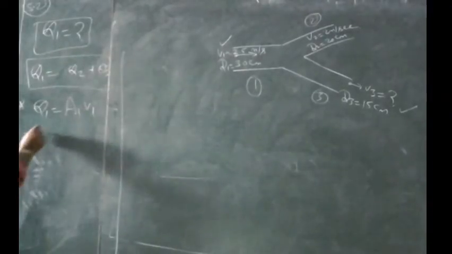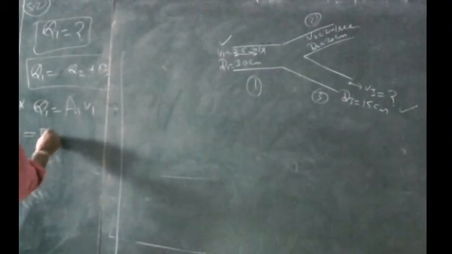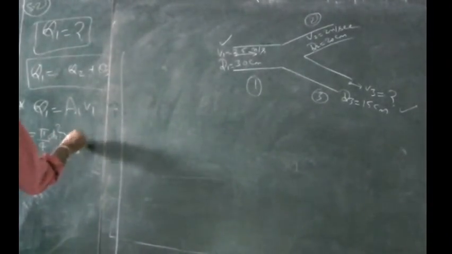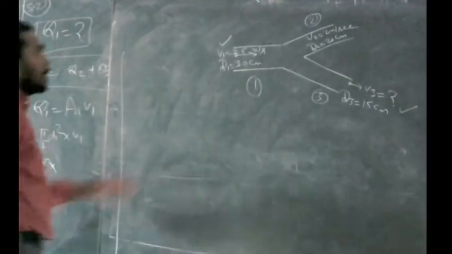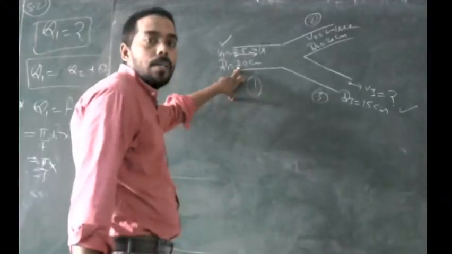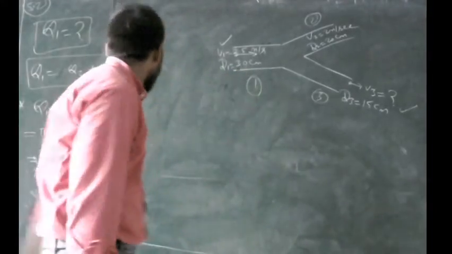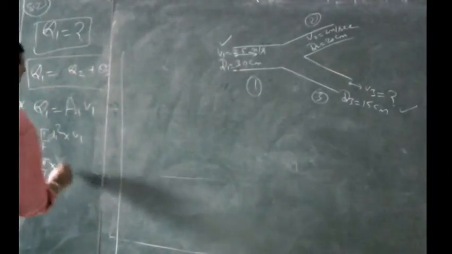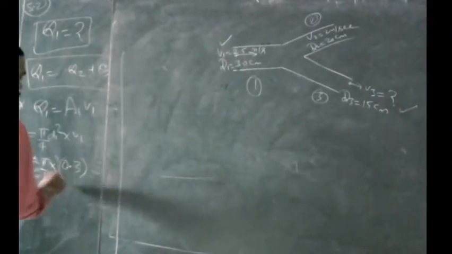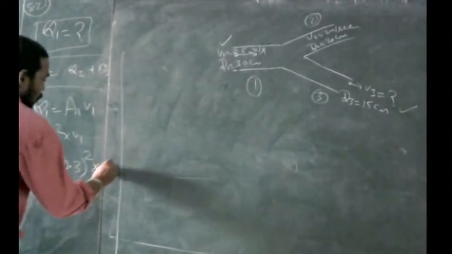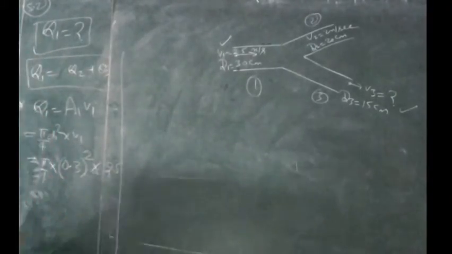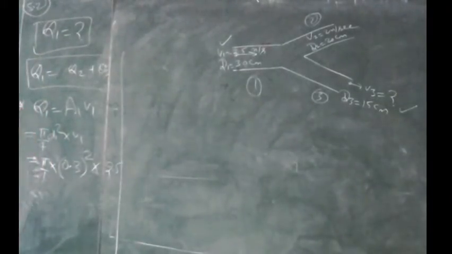Then pi by 4 D1 square into V1. D1 is 30 centimeter, so 0.3 squared times pi by 4, into V1, which is 2.5.